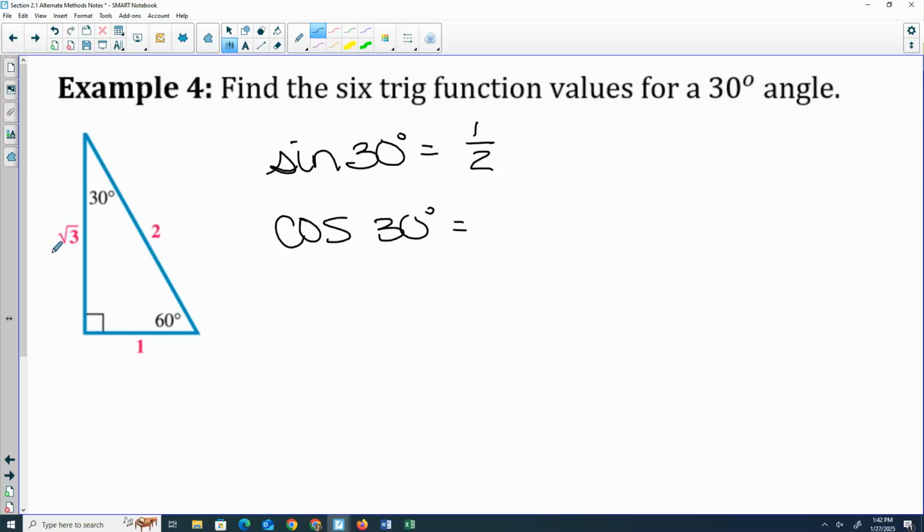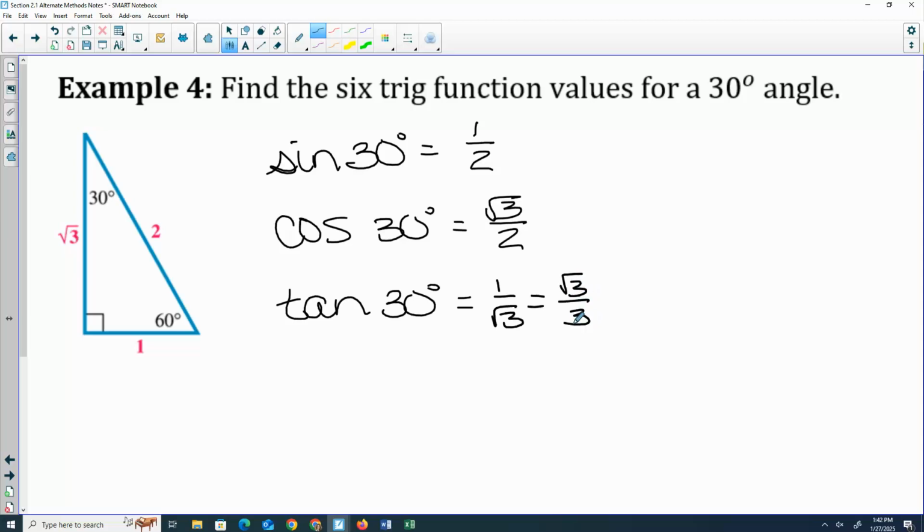Cosine of 30, adjacent over hypotenuse. Tangent of 30, opposite over adjacent, will give me 1 over square root of 3, which is radical 3 over 3. Okay, what's the reciprocal of sine?